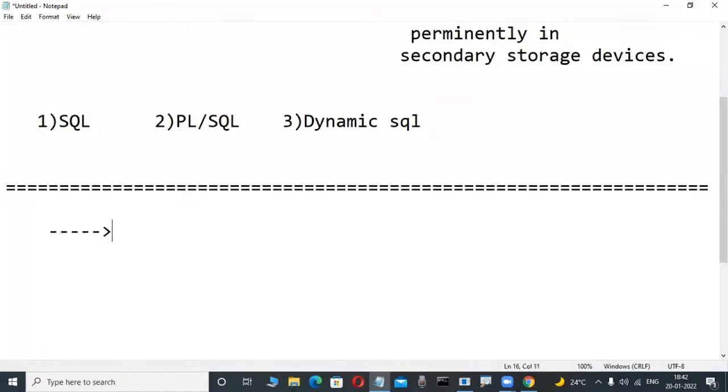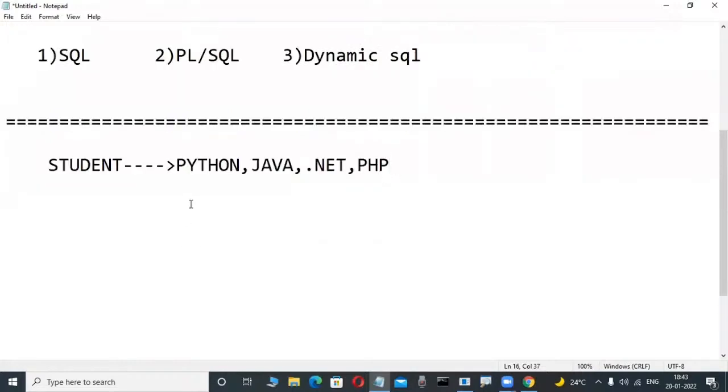First, from the student point of view, I'm telling. So many students are learning courses in front end. Nowadays Python they are learning, otherwise they are learning Java, .NET, ASP.NET, and PHP, these types of front end web-based applications. These persons are web-based application programmers.